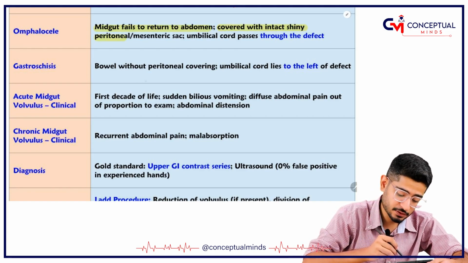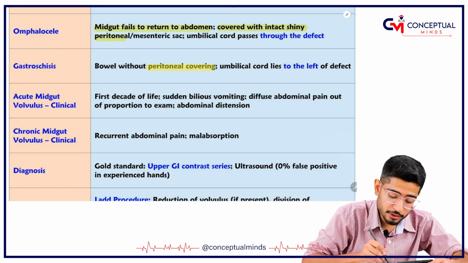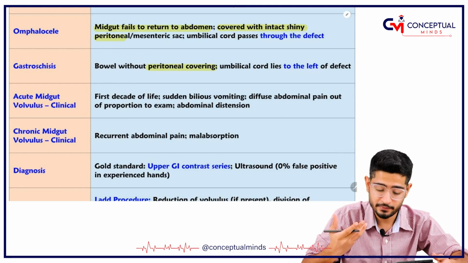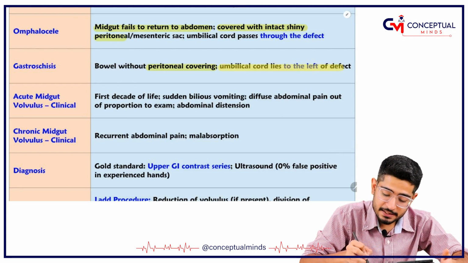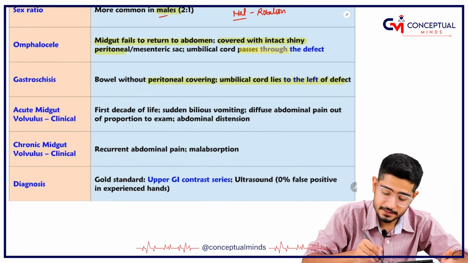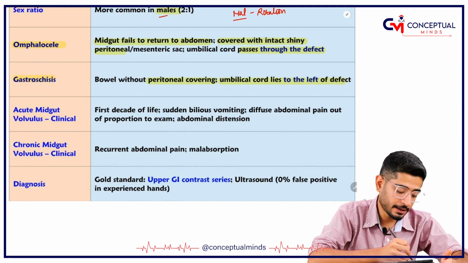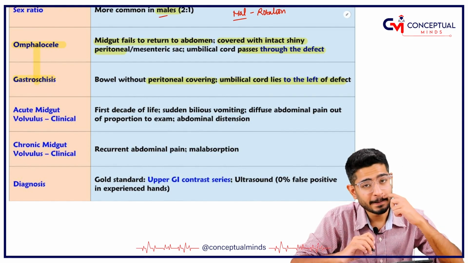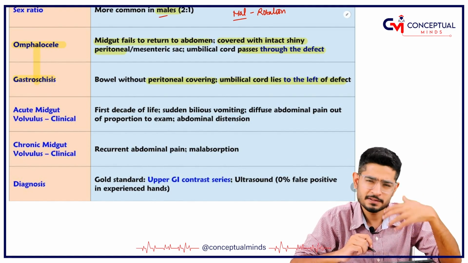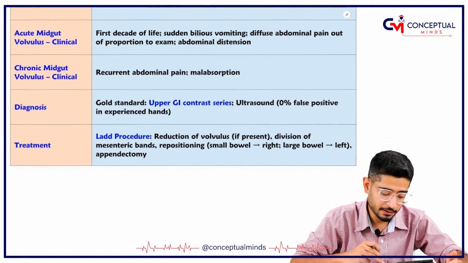In gastroschisis, there is failure of peritoneal covering. The peritoneum fails to develop, and the umbilical cord lies to the left side of the defect, whereas in omphalocele it passes through the defect. Why have I told you this? Because these are also gut abnormalities, and many times they are associated with abnormal rotation or malrotation also.